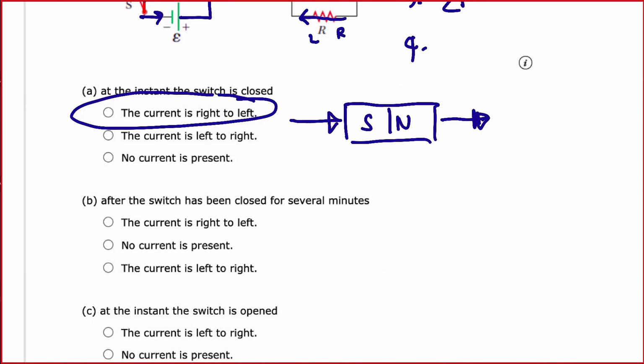All right, for part C, at the instant that the switch is open, there will be a change in the magnetic flux because from the point that there was a magnetic field, when you turn off the switch, the magnetic field diminishes. So therefore, as a result, the solenoid on the right will have to create a magnetic field that would oppose this change.